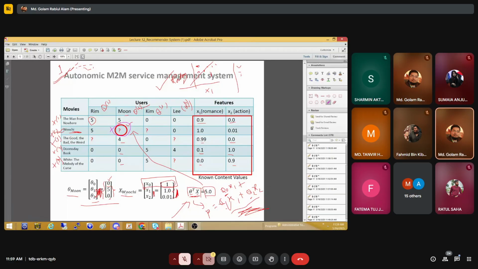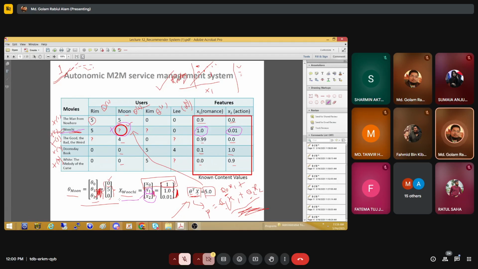For that case, we have the feature values, like this is Uchi. We can think of x1 and x2 here. The value of x1 is 1.0, and x2 is 0.01.